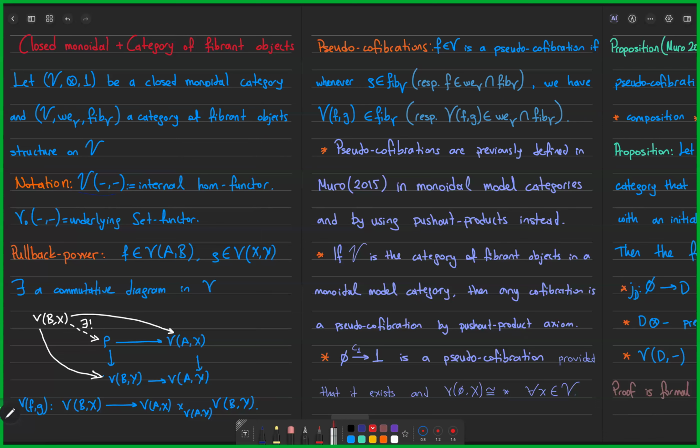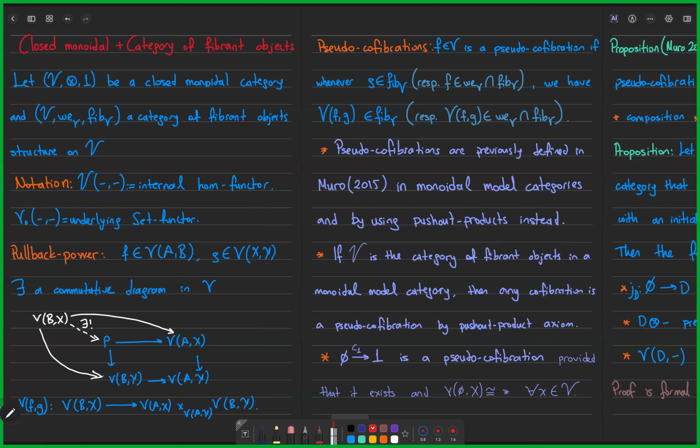Again, I said that usually homotopy theory is originally done by using model categories, and there is something called a monoidal model category. In the definition of monoidal model category, there is an axiom called the push-out product axiom.